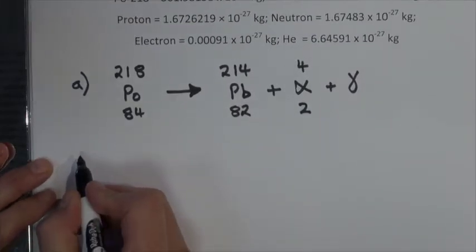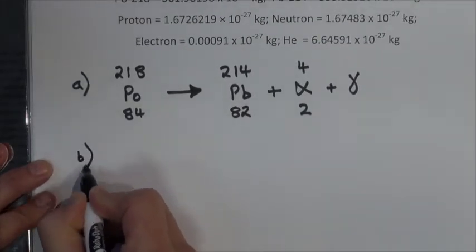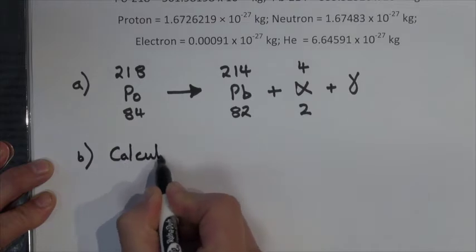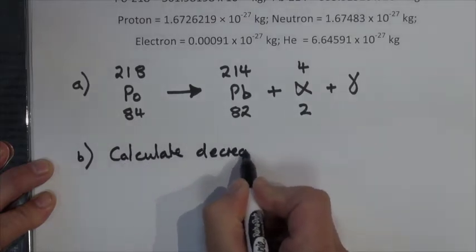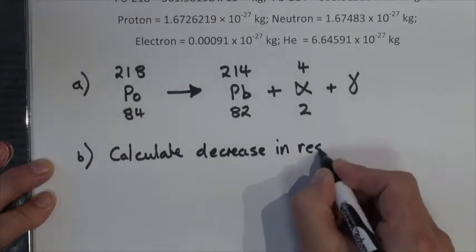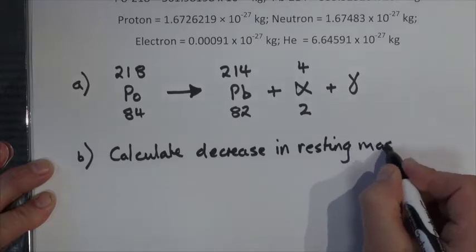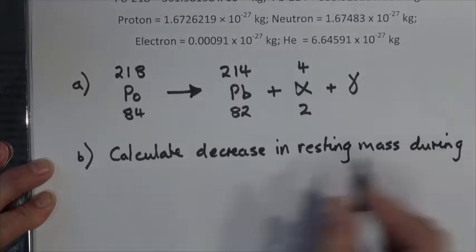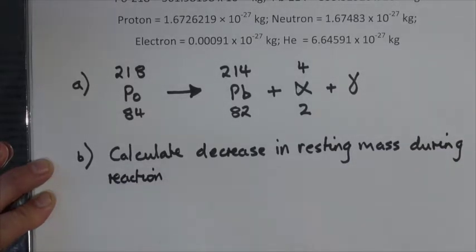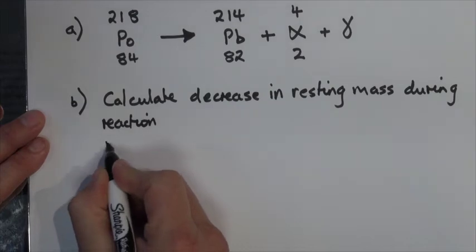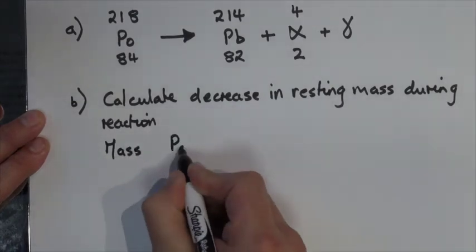In order to do this, we have to work out the mass defect between the two sides of the equation. So I'm going to look at the decrease in resting mass from the left-hand side of the equation to the right-hand side for the reaction. Let's write down what our masses are.